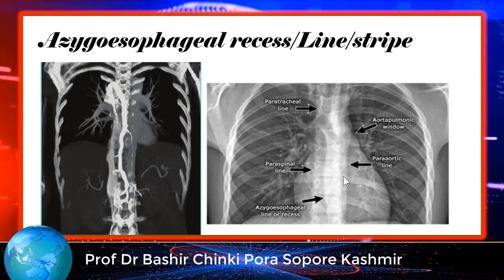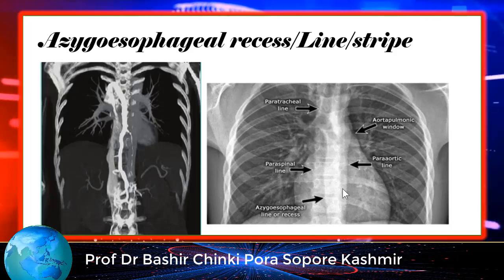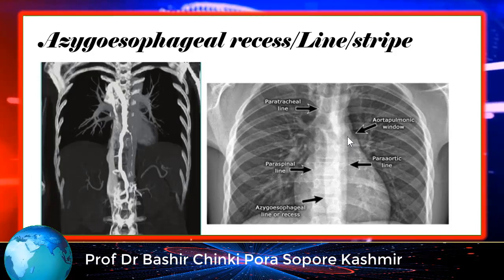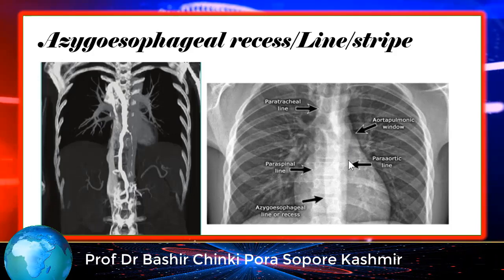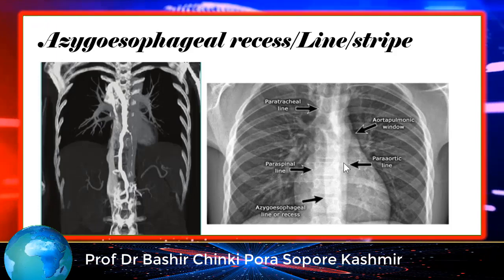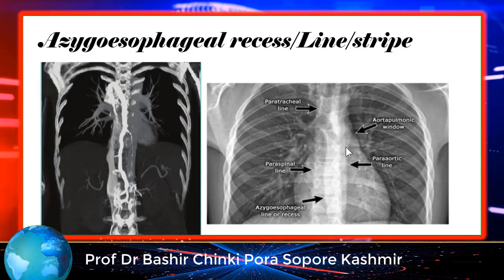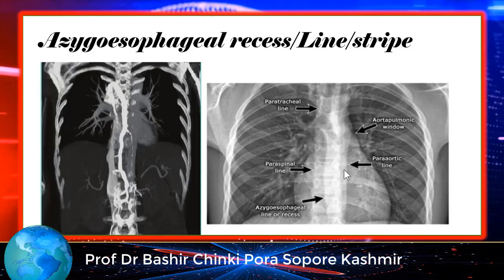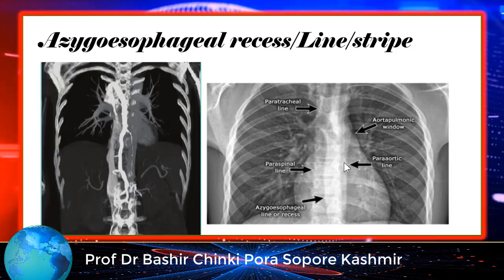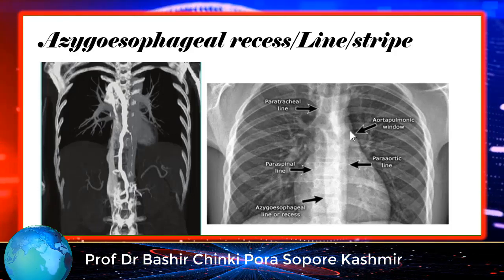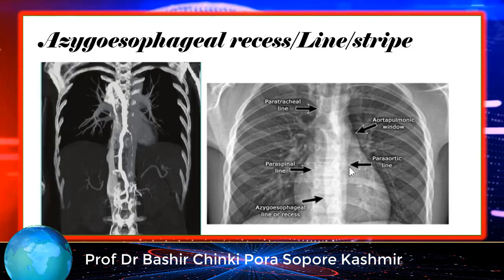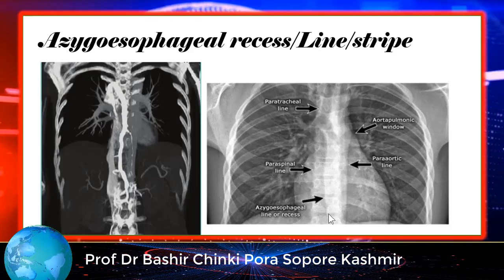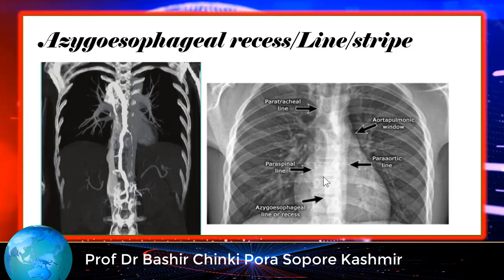In this X-ray, you can also appreciate this shadow. This is the para-aortic shadow. This is the shadow of descending aorta. And if you see in between this line, as already said, this is a paravertebral line. So lateral to paravertebral line is descending aortic shadow, and this over the vertebral column is the azygos esophageal line.